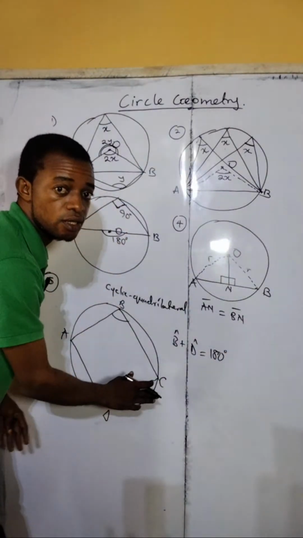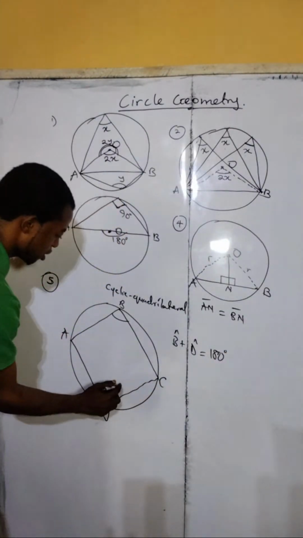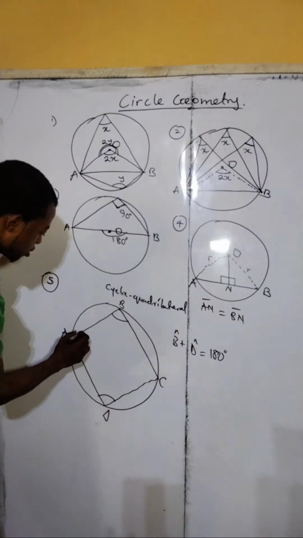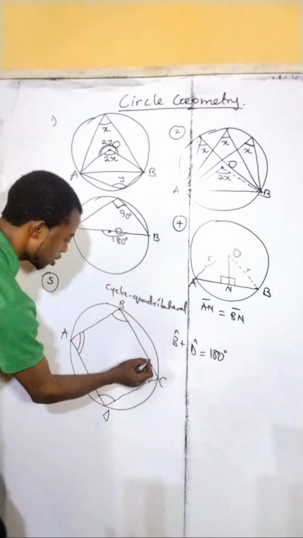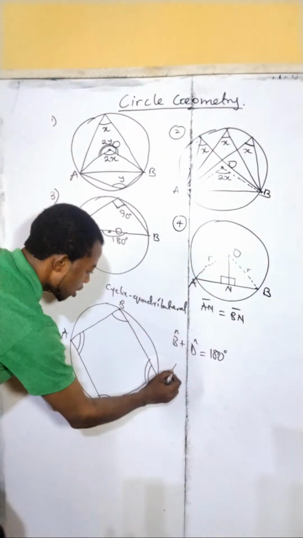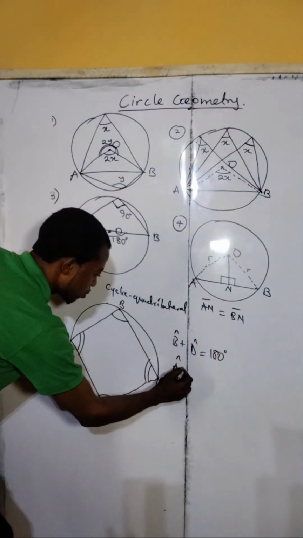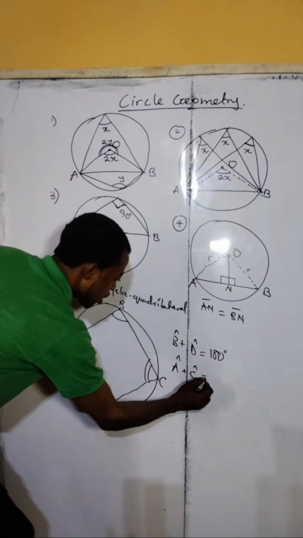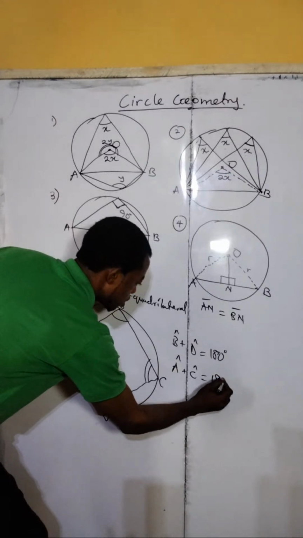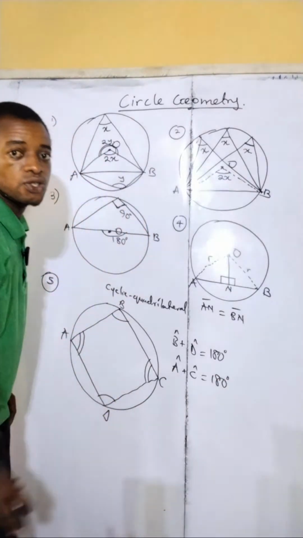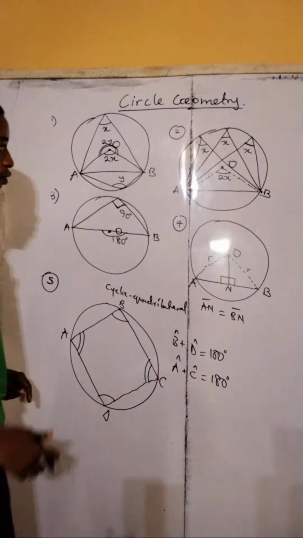So that is what the theorem is saying. And also angle A is opposite to angle C. That is, we can say that angle A plus angle C is equal to 180 degrees. So we have this theorem as our theorem number 5.